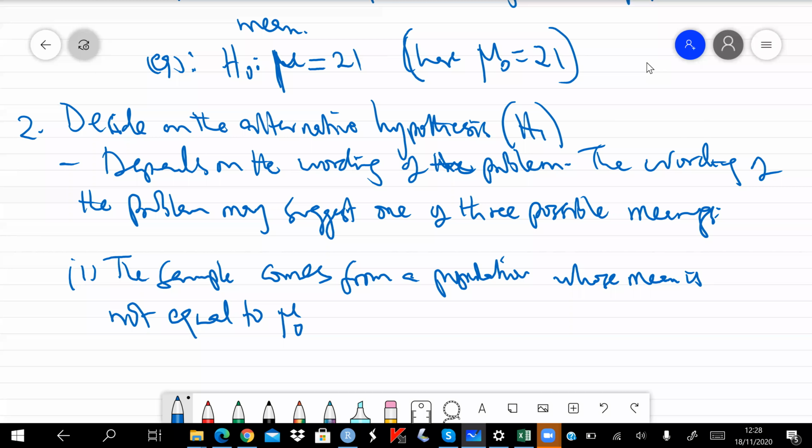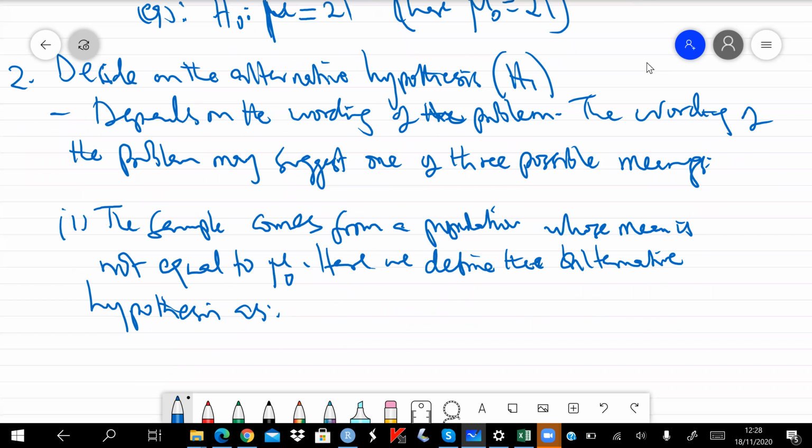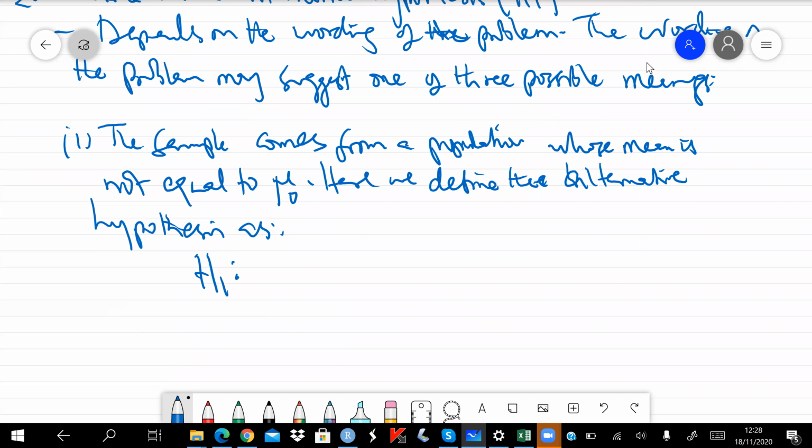So here we define the alternative hypothesis as H1 such that mu is not equal to mu naught, meaning that mu is different from mu naught. It can either be greater or less, but whether it is greater or less is not important here. We test whether it is just different from mu naught.